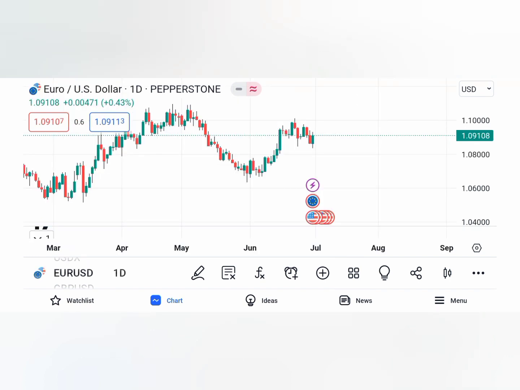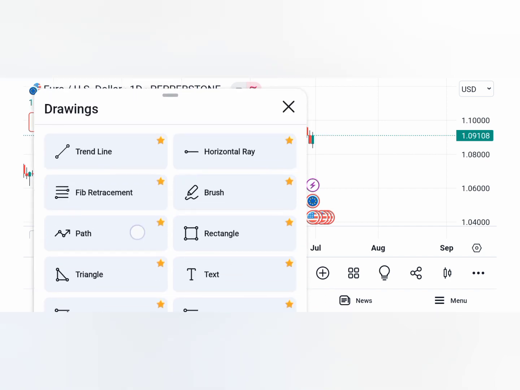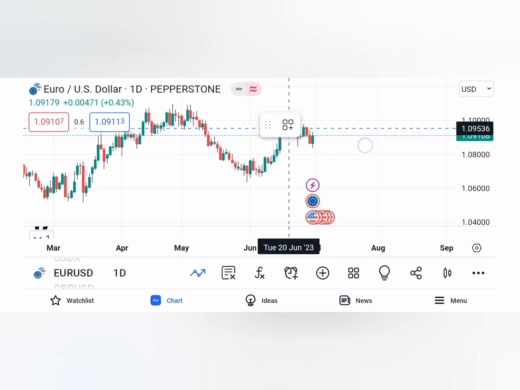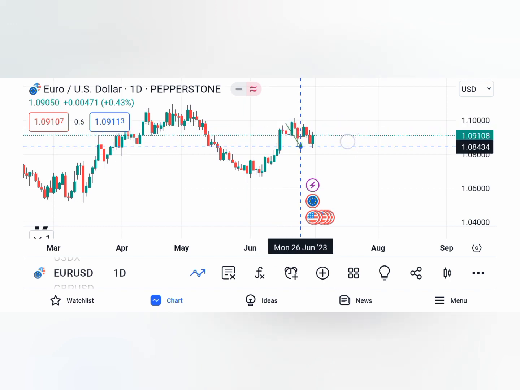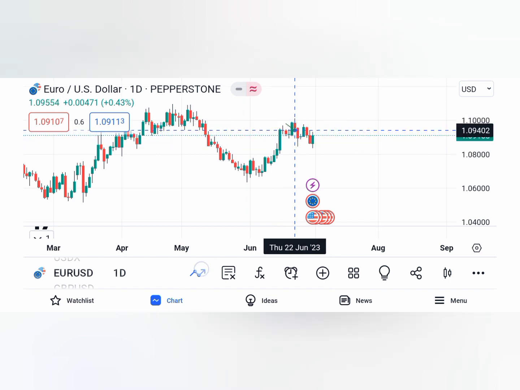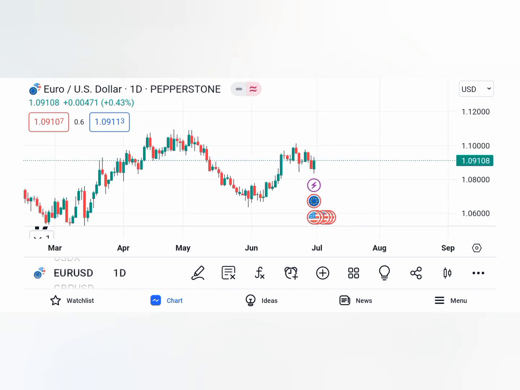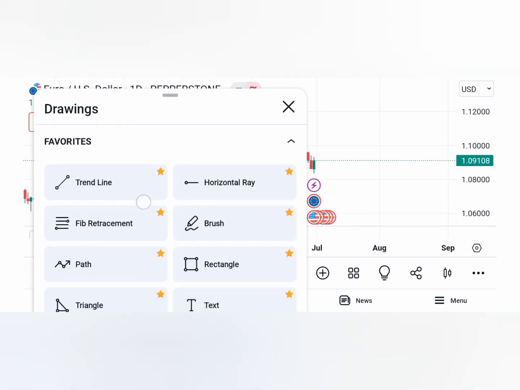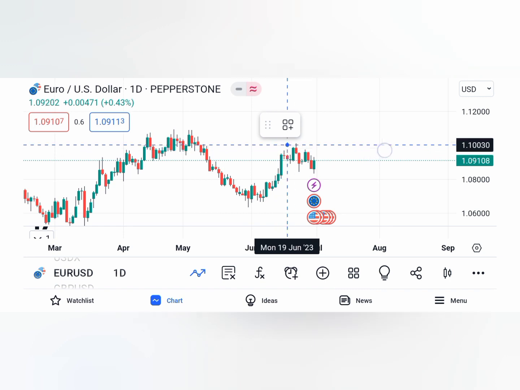So now on EURUSD, starting with the daily time frame, we can see a minor downtrend at this very point. Sorry, let me modify it a bit.